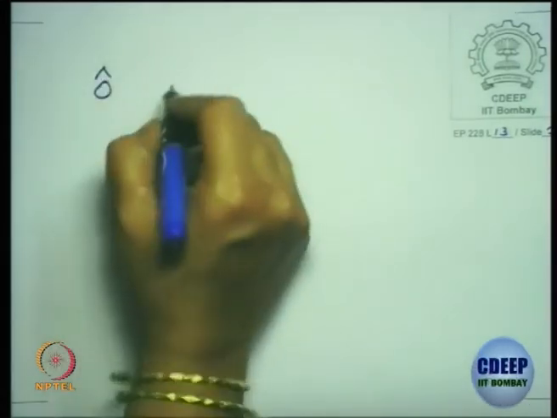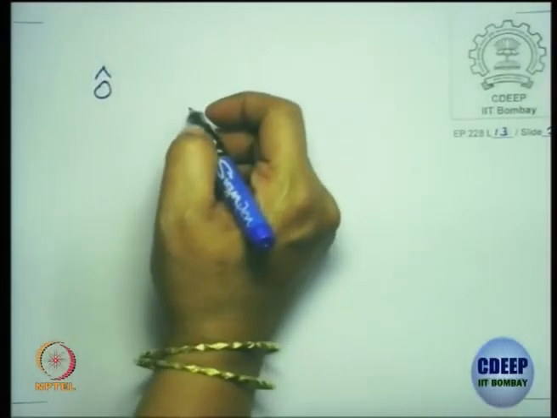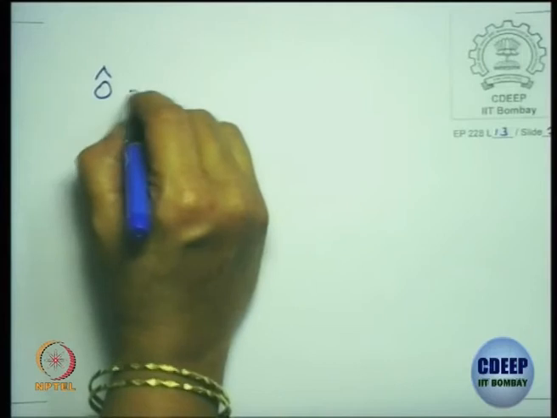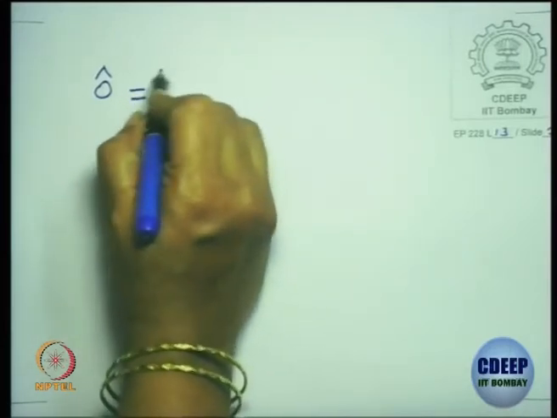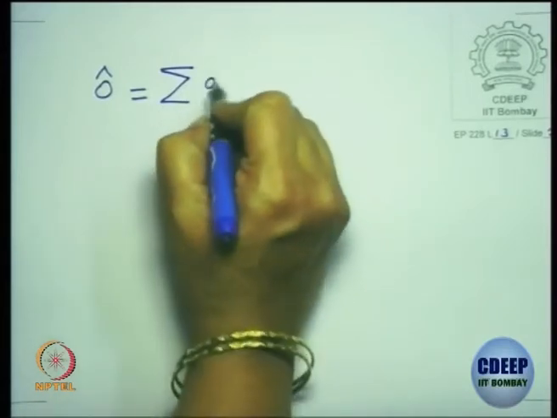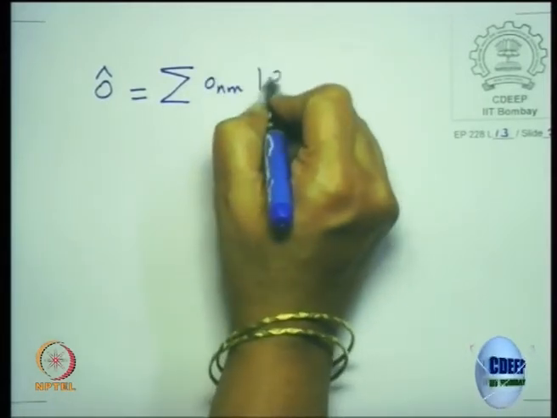Operators acting on the Hilbert space correspond to observables. What are the properties? We have said that O hat is a linear operator, and in a finite dimensional space you can give it a representation involving the basis phi n.